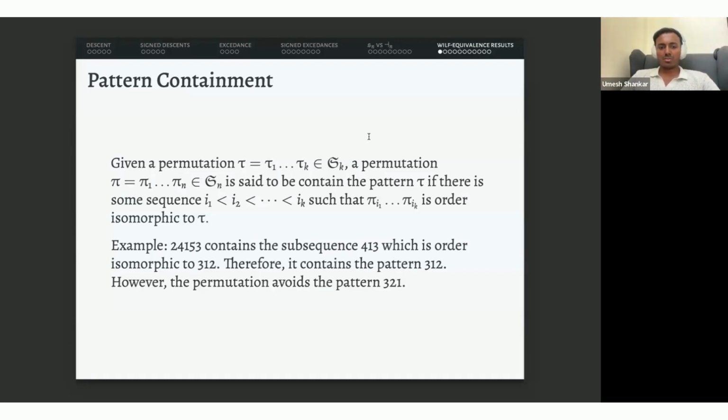Here is an example. 24153 contains the subsequence 413, which is order isomorphic to 312, so it contains the pattern 312. However, the permutation avoids 321.